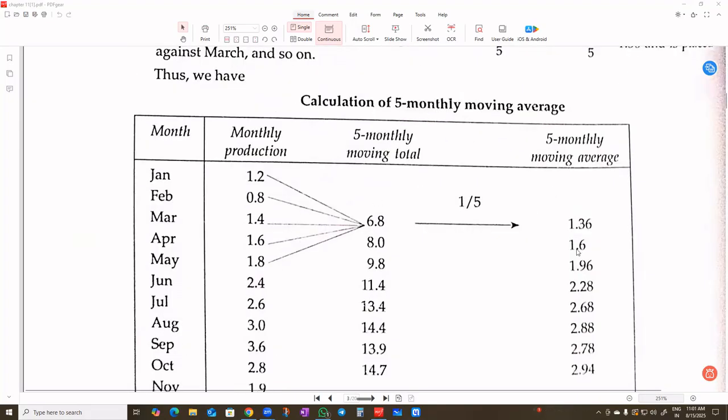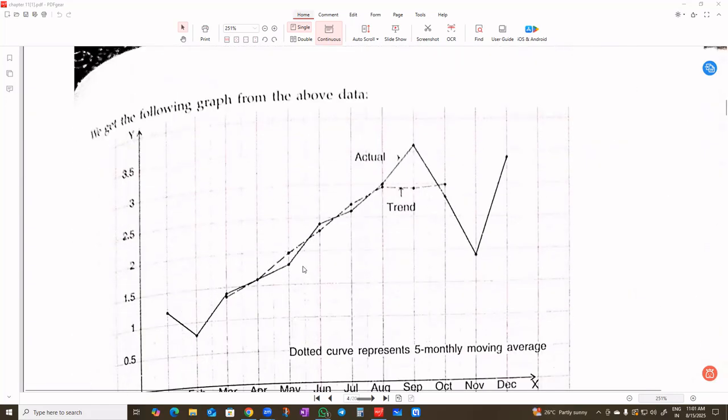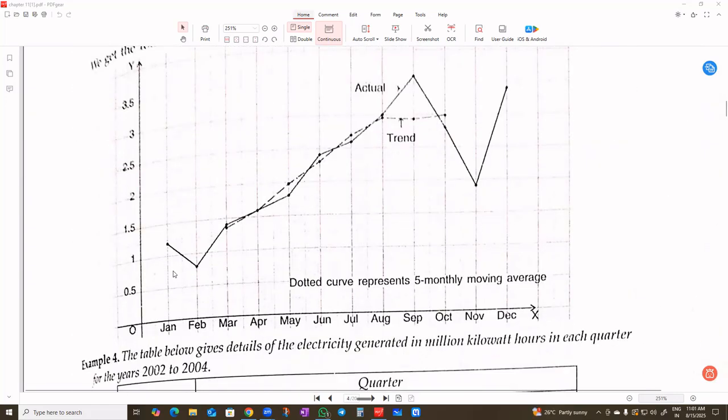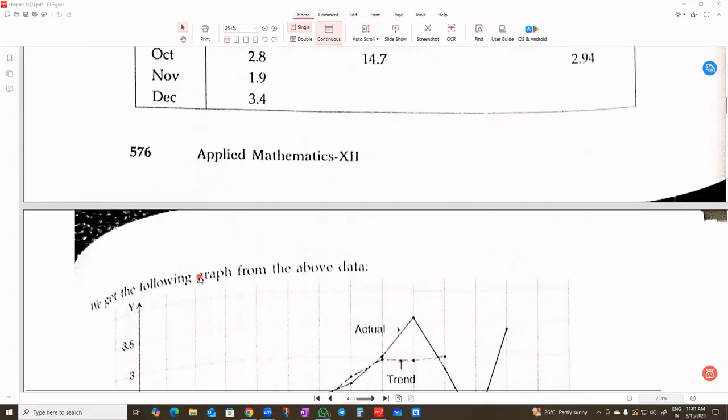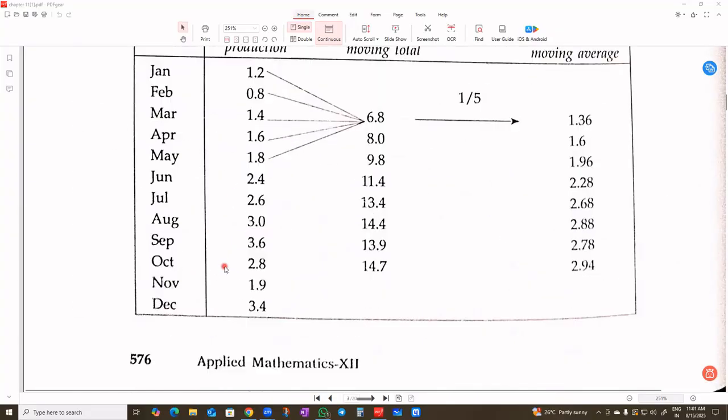And look at the last column. For the last column also, so 1.2, these numbers, okay, we will map first. January, how much? 1.2. Randomly, you can mark the dot. So look at this, January 1.2. So this is 1 and this is 1.2. And February, 0.8.